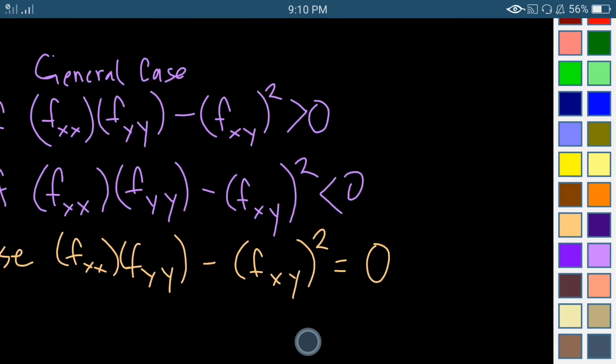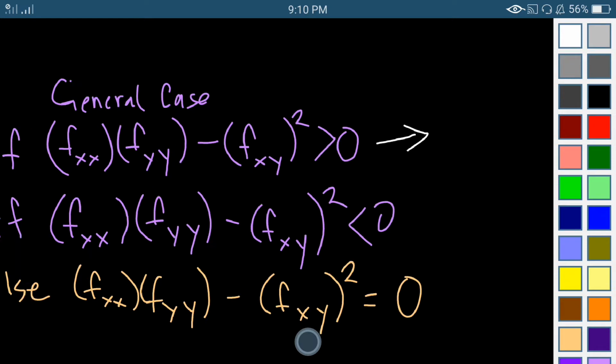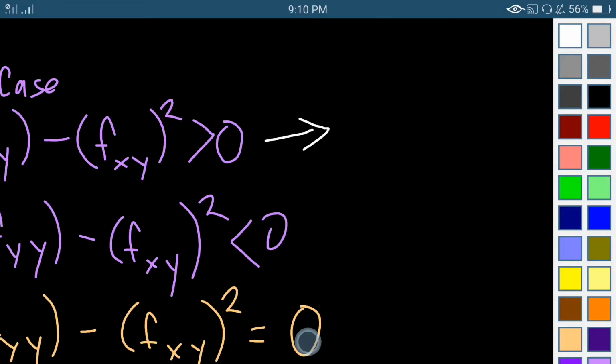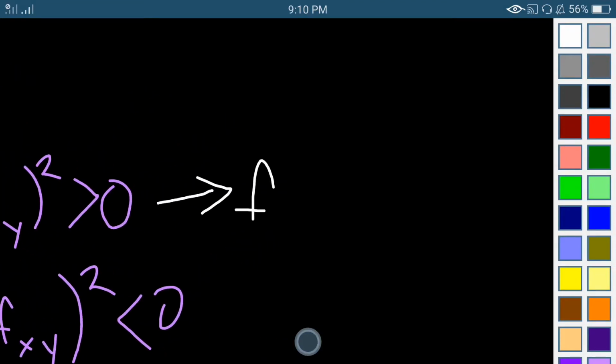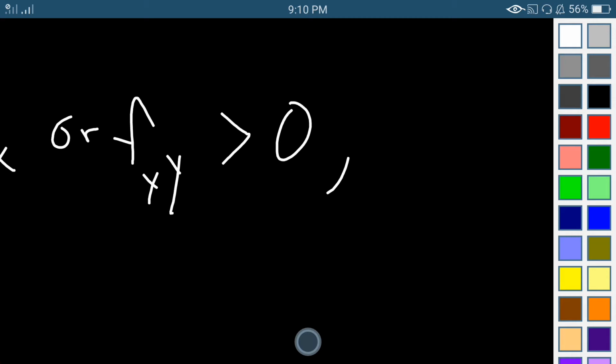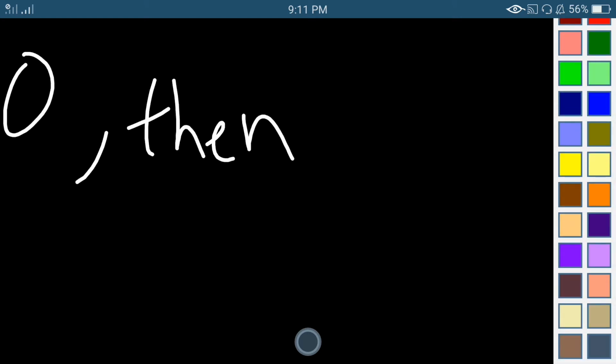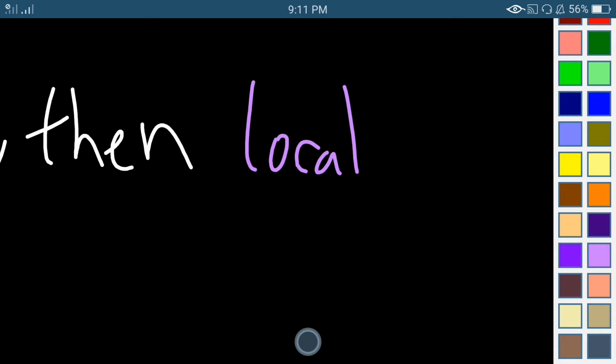If these, so let's list them one by one. If this thing happens, then we can conclude that if f of xx or f of yy is greater than 0, then this thing is a local minimum.